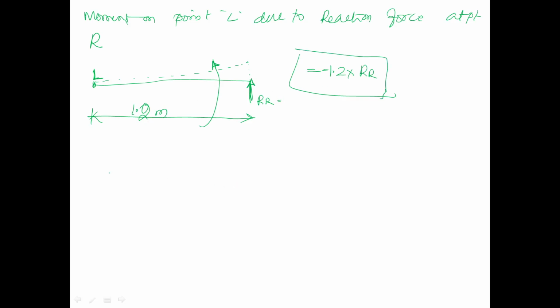I'll write here minus 1.2 into RR, plus 300 Newton meter plus 540 Newton meter should be equal to 0.